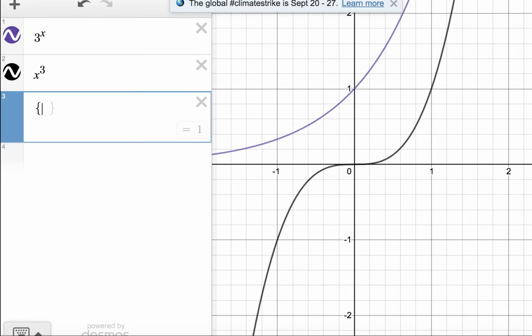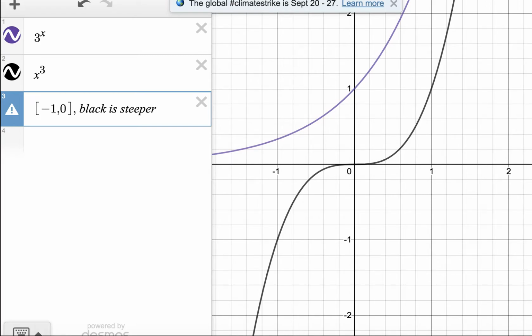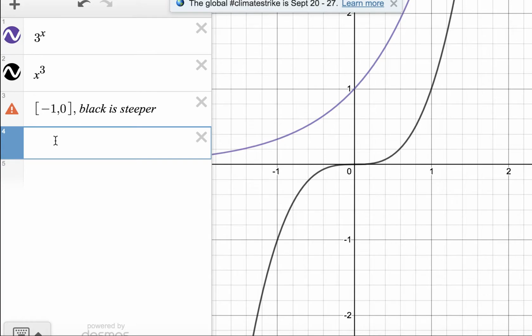So the interval would look like this. Whoops. Okay, don't worry about this, but for the first interval, we would say black is steeper. Okay?